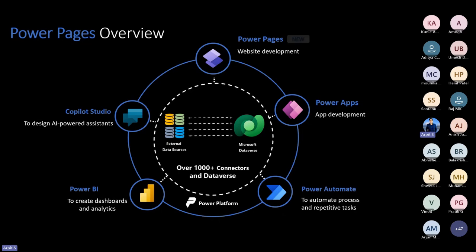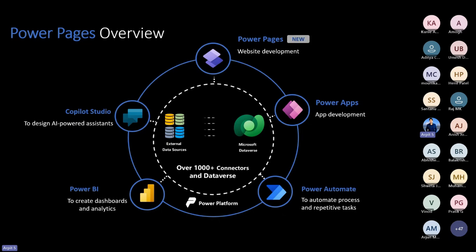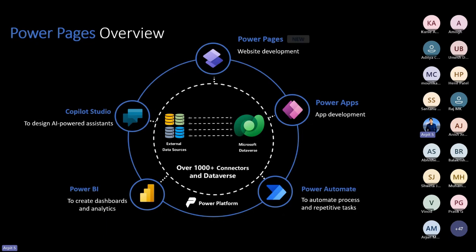Okay. So there are two major components that are tightly coupled with the Dataverse that you cannot change. The one is model driven app and the second is Power Pages. Okay. And then Power BI, of course, you can integrate with many data sources to bring the data and create the analytics and the reports.